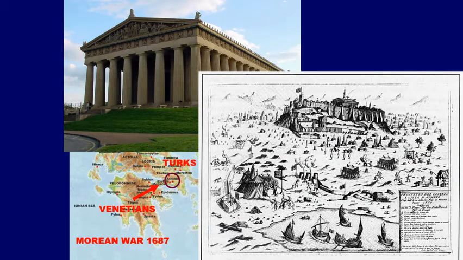And you can see in this drawing done at the time that it still had a roof. Do you see it? The roof is right up here. And so the Turks were keeping all their ammunition stored in there, and the Venetians got in a lucky shot with a bomb, and the whole thing exploded. And that's what caused it to look like it does now.